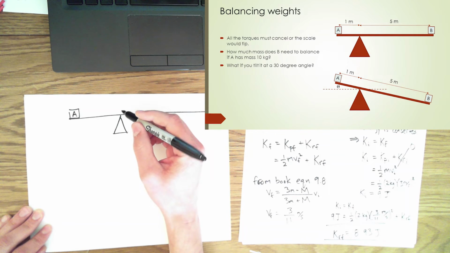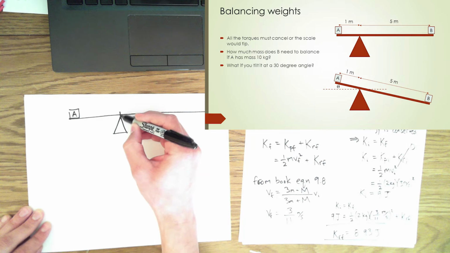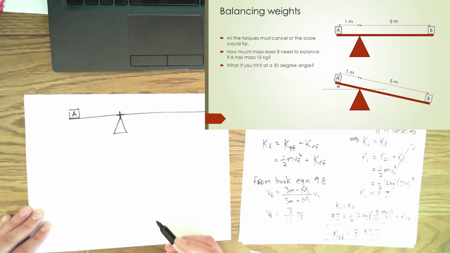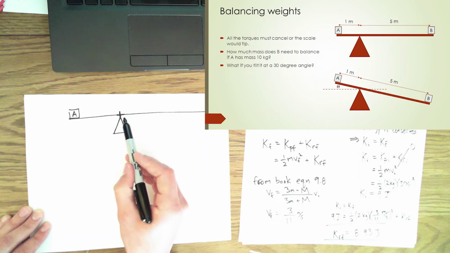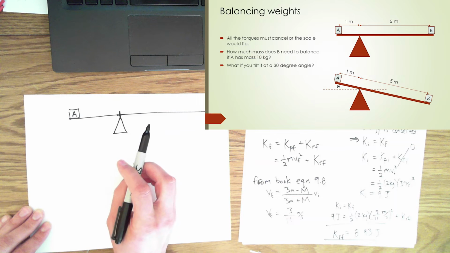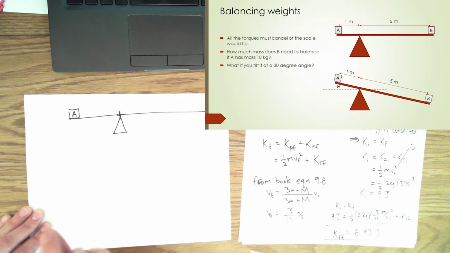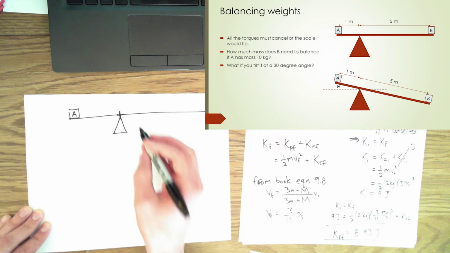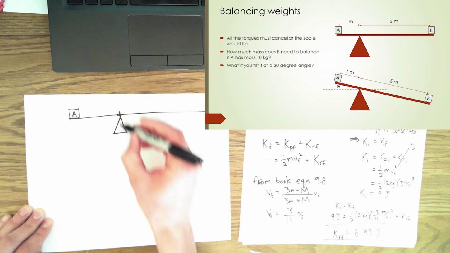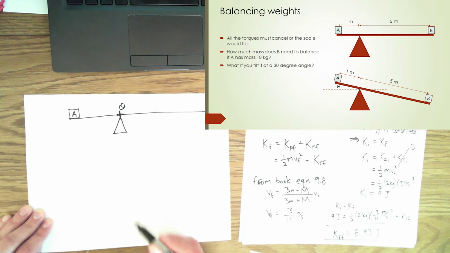And it's always a good idea to put that definition of the origin at the rotation point. If there's rotation about a particular point, in this case it would be about this support point. For that case with the rod spinning, it was about the pivot point of the rod. You always want to put your origin at the point of rotation. Okay, so here's the origin right here.